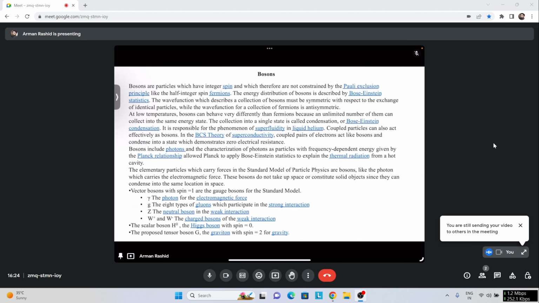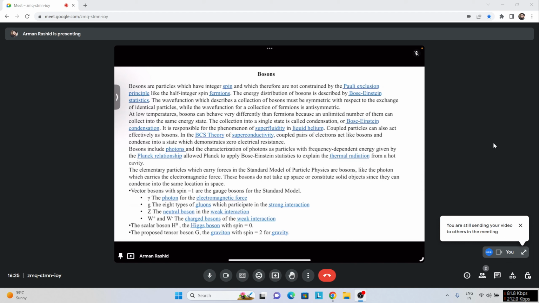As I told you before, bosons are those fundamental particles which have an integer spin, like 1, 2. For example, light is a boson. Bosons are particles which have an integer spin and are therefore not considered under Pauli's exclusion principle.